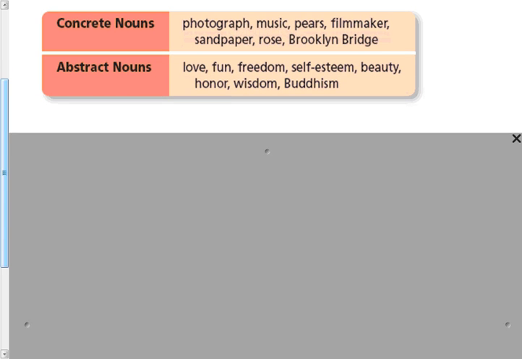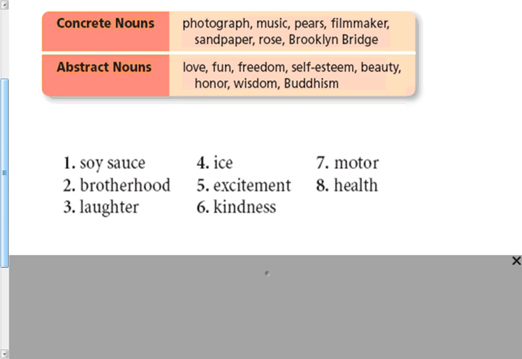So here's some more examples. Soy sauce. Soy sauce is a concrete noun because I can see it, smell it, touch it, taste it. Brotherhood, though, is an abstract noun because it's not something that I can see or taste or touch. Laughter, concrete noun. I can hear laughter, I can see laughter, I can feel it.